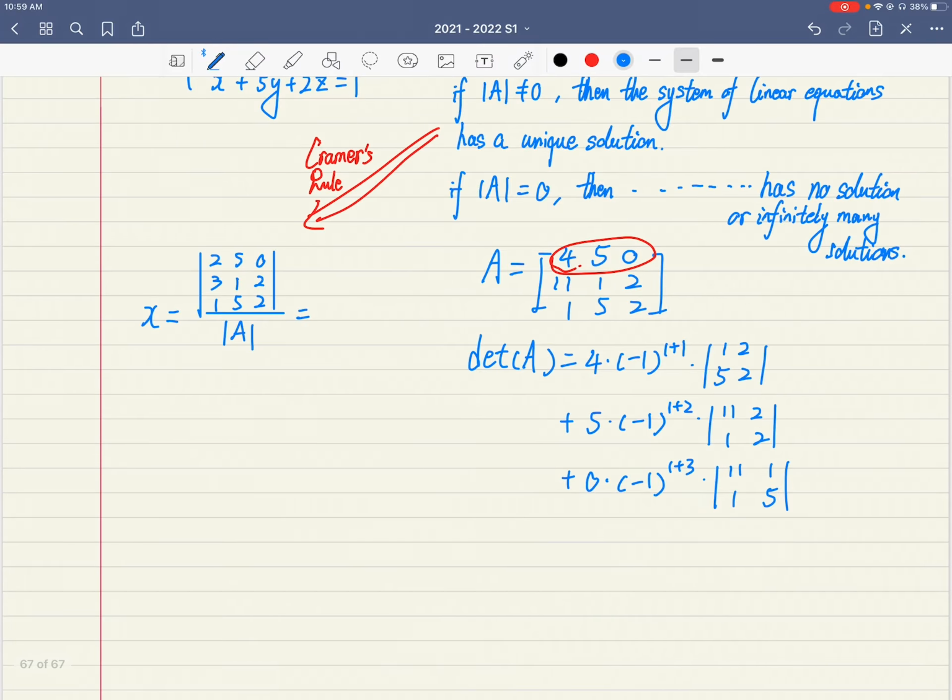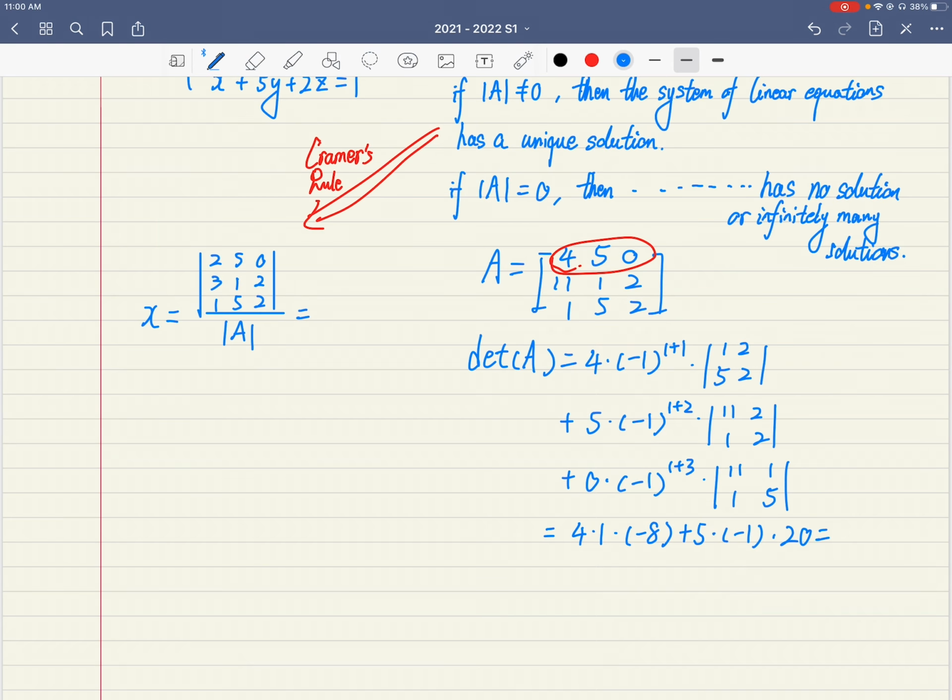Then the first part is 4 times 1 times its determinant, which is 1 times 2 minus 5 times 2, so it is -8. Plus 5 times -1 times, this is 22 minus 2, so it is 20.